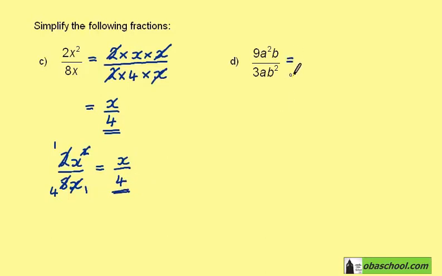We now have 9a squared b over 3ab squared.